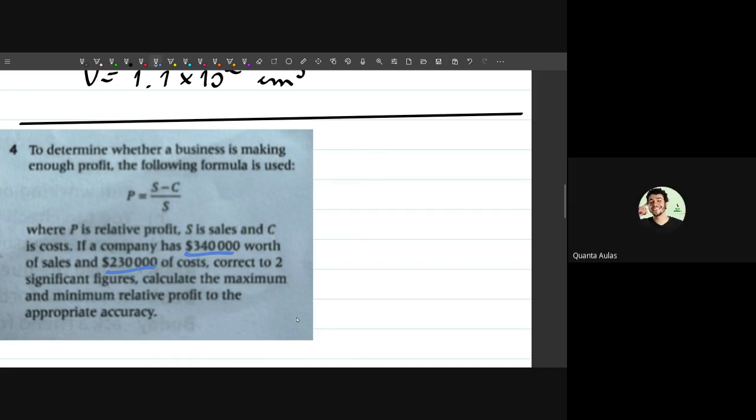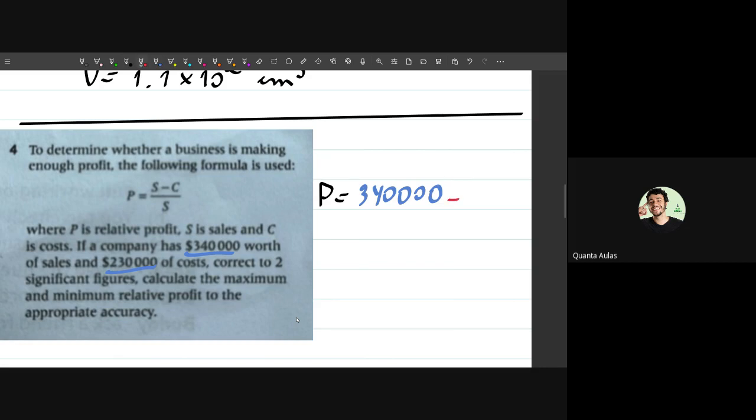But they ask about the maximum and the minimum relative profit. It's strange because relative profit is P, and we have the values to put in the equation of P. I mean, these numbers are so large.